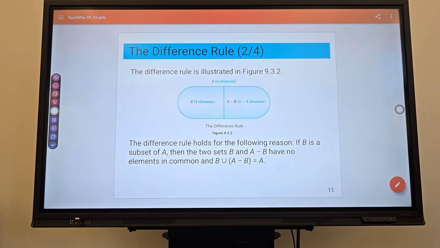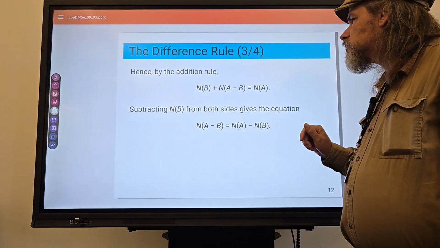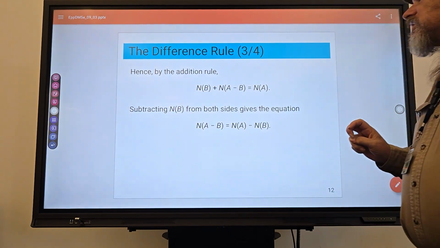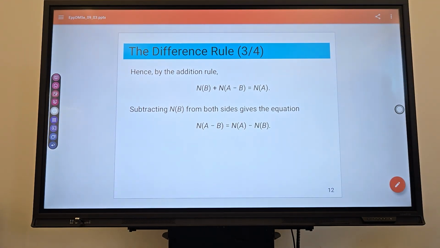That means the union of two sets, the joining of two sets. Hence, by the addition rule, N(B) plus N(A minus B) equals N(A). Subtracting N(B) from both sides gives the equation N(A minus B) equals N(A) minus N(B).